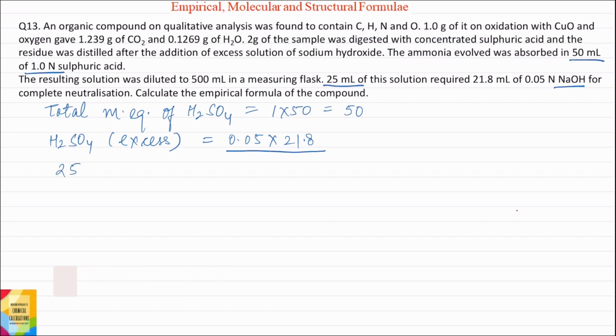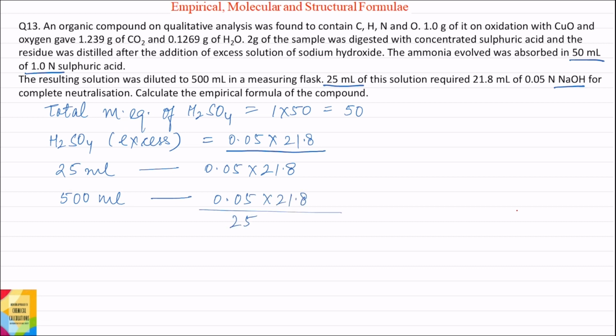Therefore 500 milliliters of the solution will contain 0.05 into 21.8 divided by 25 into 500, and this is equal to 21.8 milliequivalents of H2SO4.